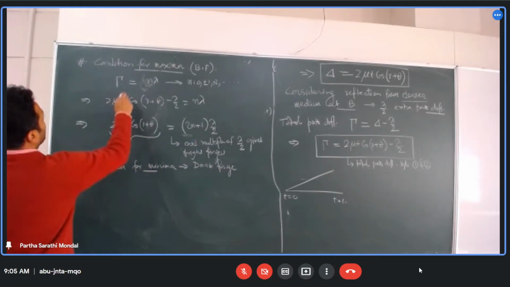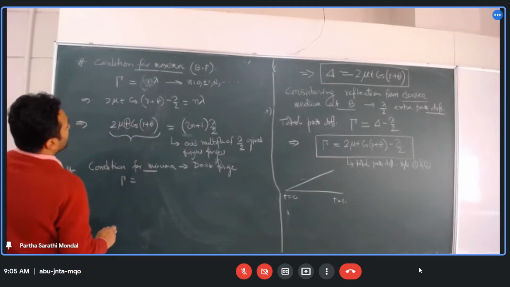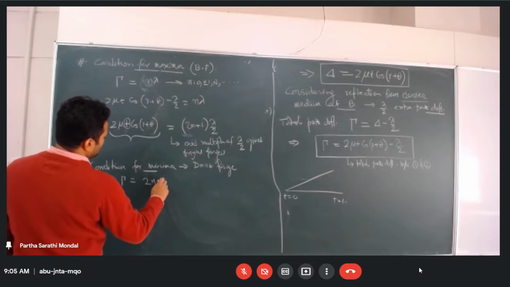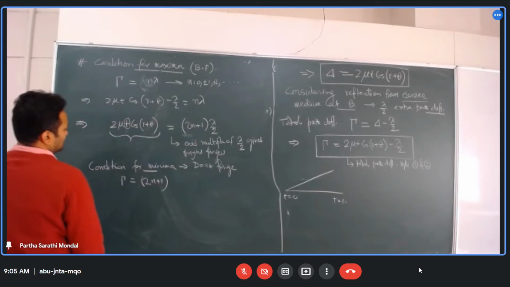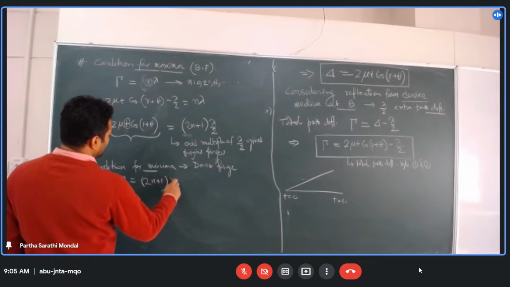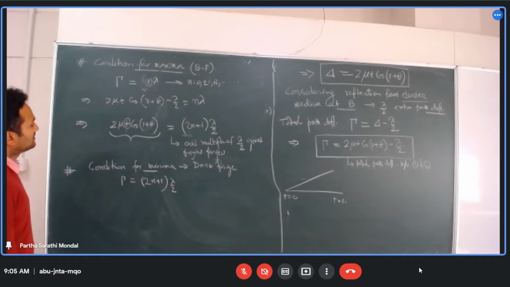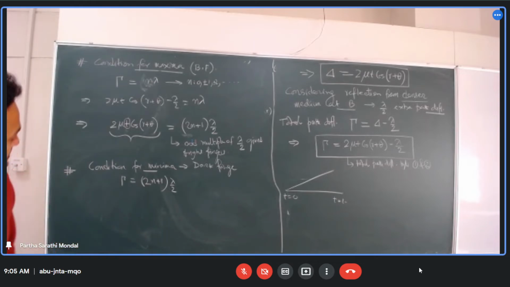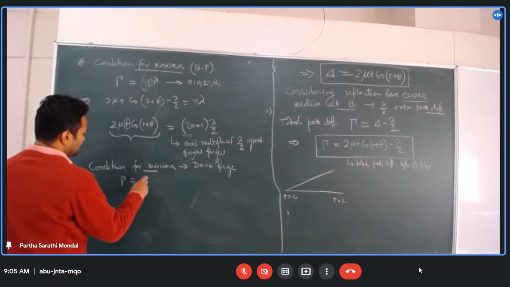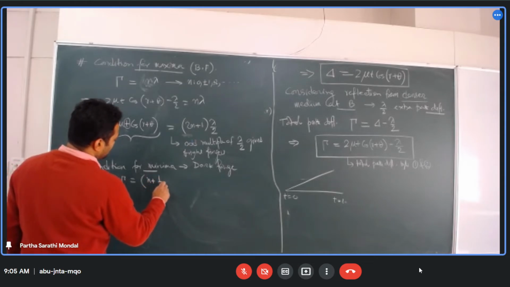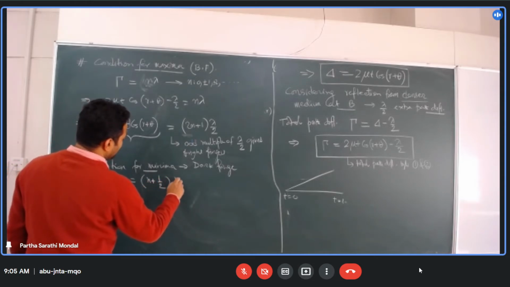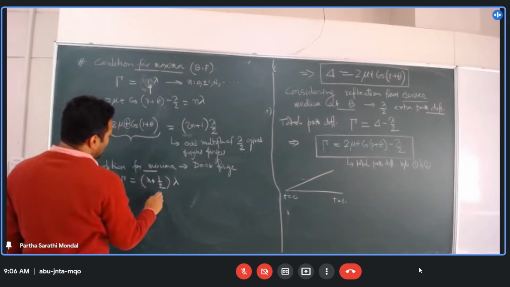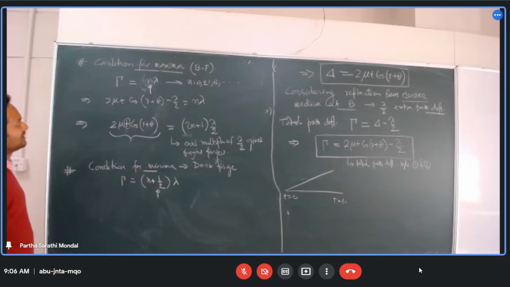So the path difference will become (n plus 1/2) into lambda. Or you can write this in a similar way, half integral multiple of lambda, half integral multiple of lambda, okay?